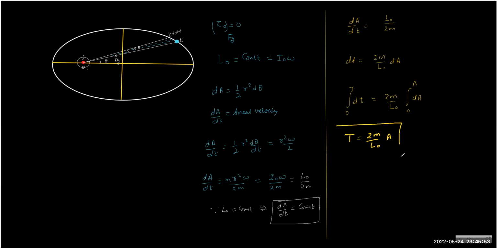That's a simple relation. Understood? And we know that area of the ellipse is how much? Yes, pi times minor into major axis. Okay, all right. So knowing this answer, we can go to the third law.